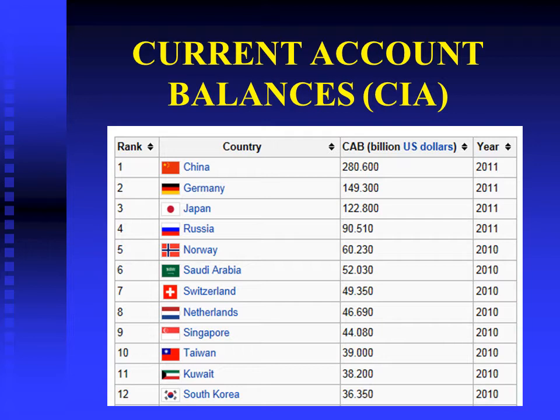What is interesting to note is that the country with the highest current account surplus is Germany, which is roughly half of China. And then, of course, you notice there is Norway, Switzerland, the Netherlands, so the northern European countries. They have a current account surplus. They are the wealthy countries.